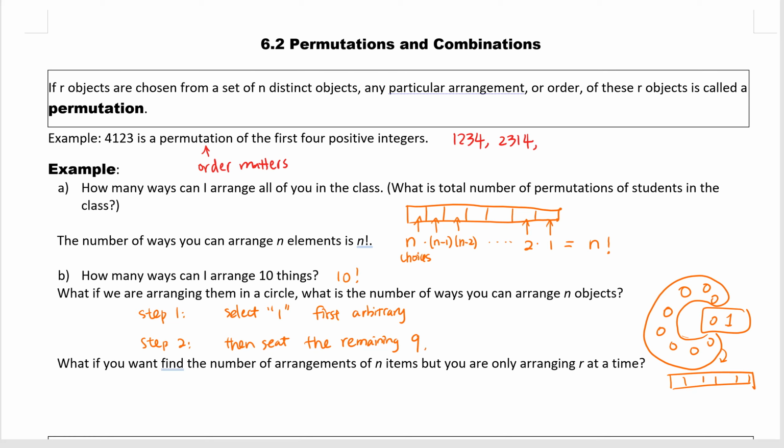So the number of ways here is 9 factorial, because for the 9 boxes, the first one we have 9 things.